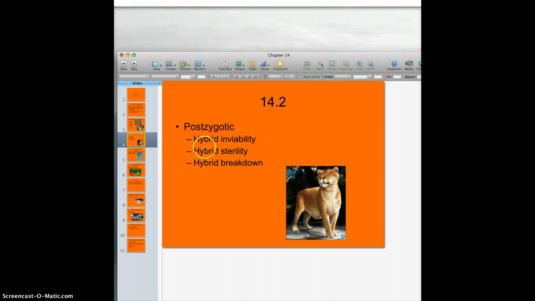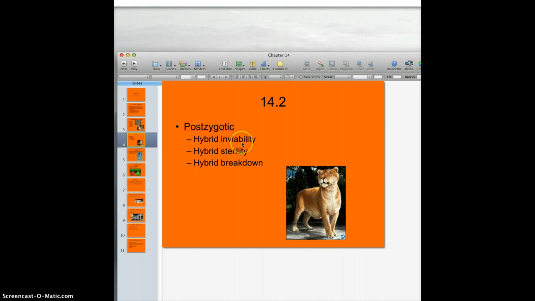Barriers. Postzygotic, you have hybrids that are produced when you have two different species, like a lion and a tiger. This over here is the liger. This is a hybrid. It is made from two separate species. And what you have is you have hybrid inviability.